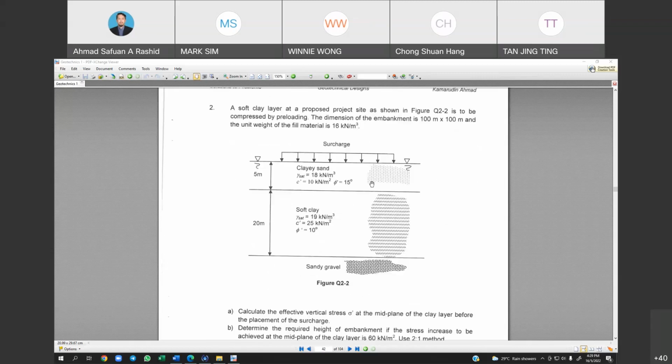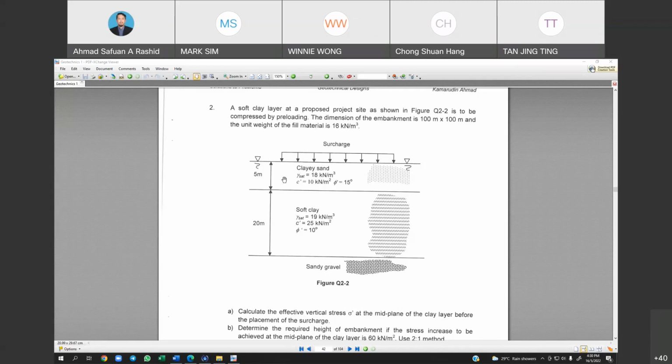So we have here 100 times 100 for the embankment with a unit weight of 16. The first layer is a clayey sand with a thickness of 5 meter.